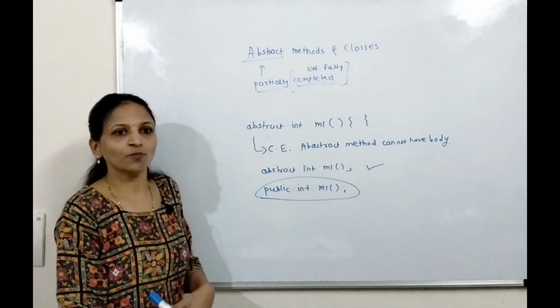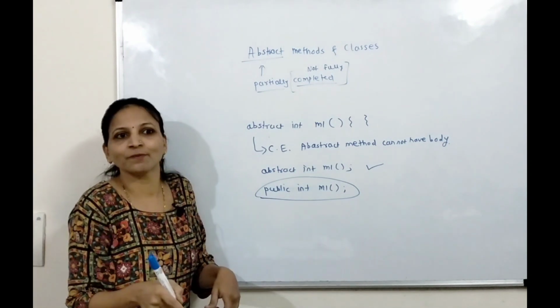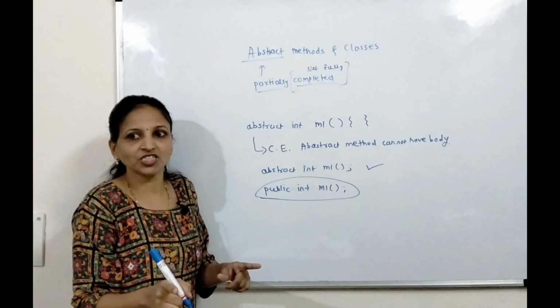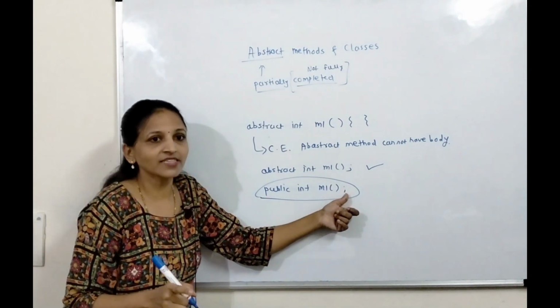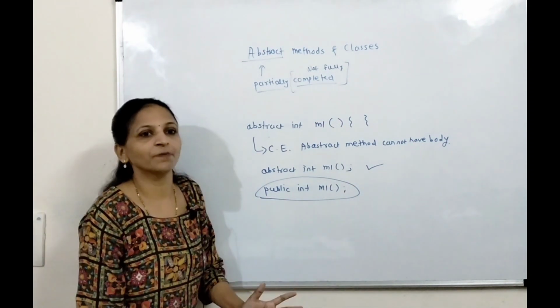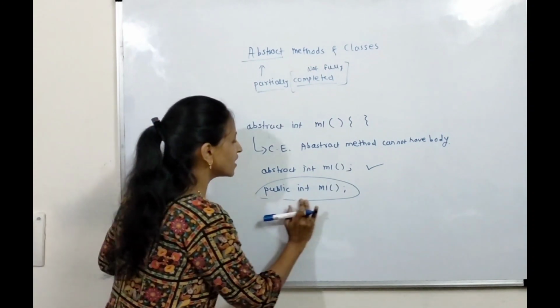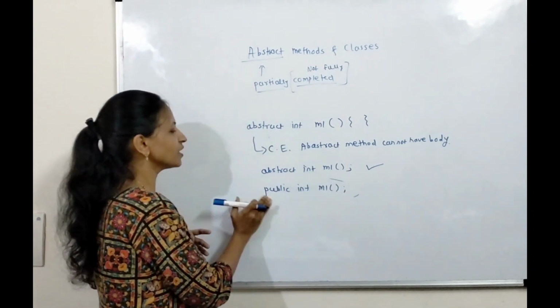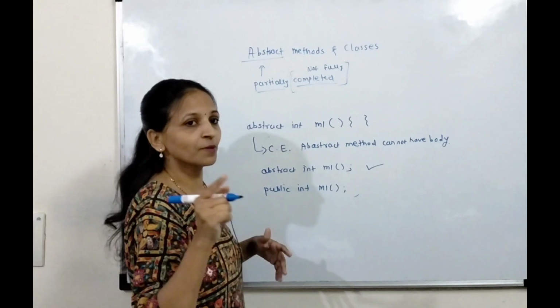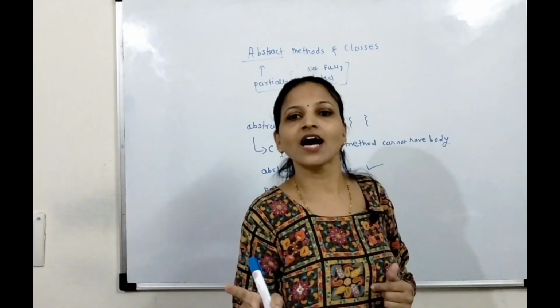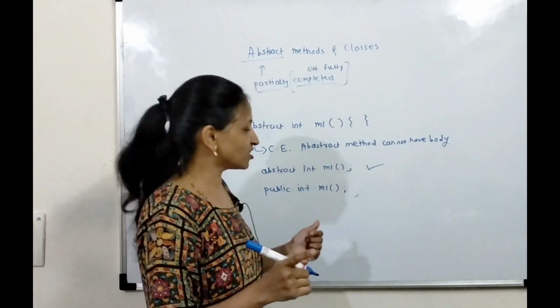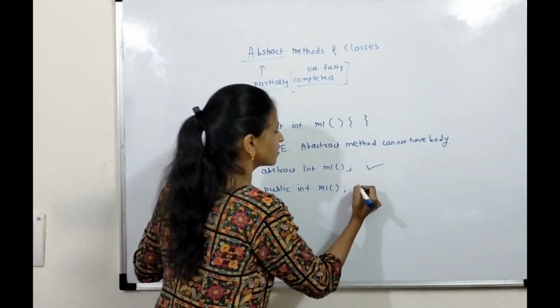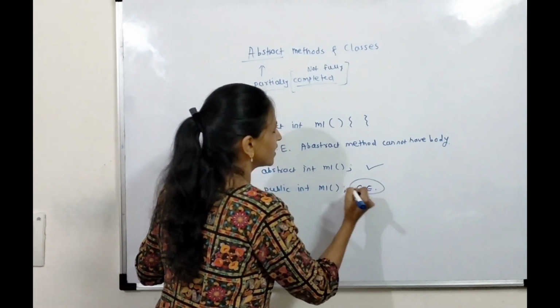It is not allowed because every method should be implemented. It is compulsion. If you have written like this, that means this method is not having implementation. In case of Java, if any method is not having implementation, then it should be compulsorily declared as an abstract method. Getting? That's why here you will get compile time error in this case also.